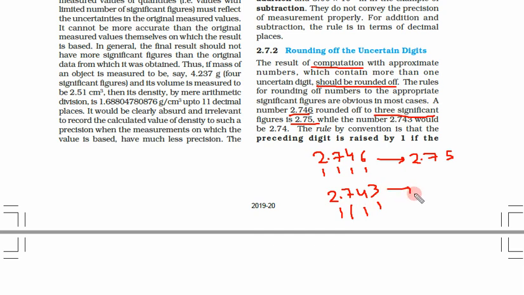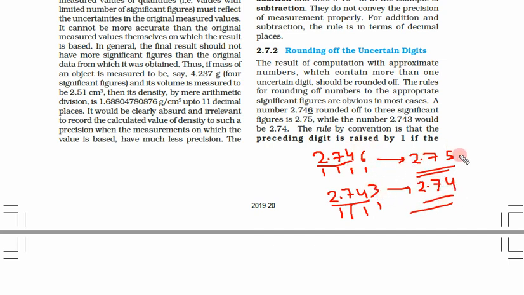We have to round it off to 2 digits after the decimal, or 3 significant figures. So we will write it as 2.74. What is the rule by which we wrote this as 2.75 and this one as 2.74? Here also 4, here also 4, so this is 2.74, and this 3 is removed.